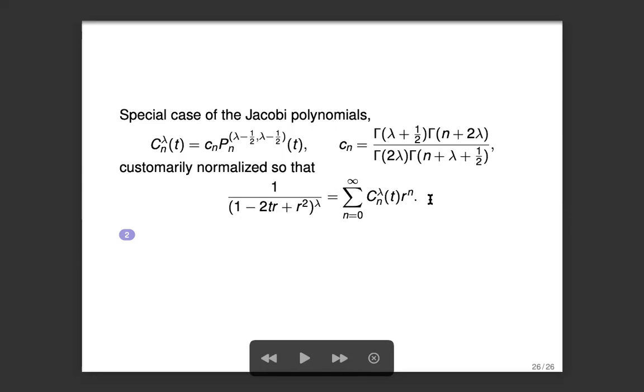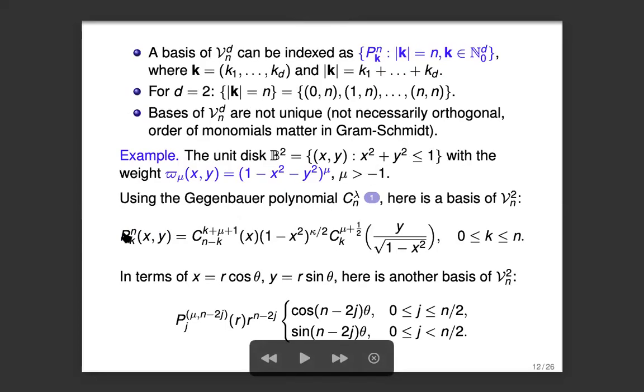Very neat, very nice. The Gegenbauer polynomials are sometimes called ultraspherical polynomials. If you do mathematical physics, you probably recognize this appears there. For lambda equal to (d minus 2) over 2, that's associated with the solution of the Laplace equation.